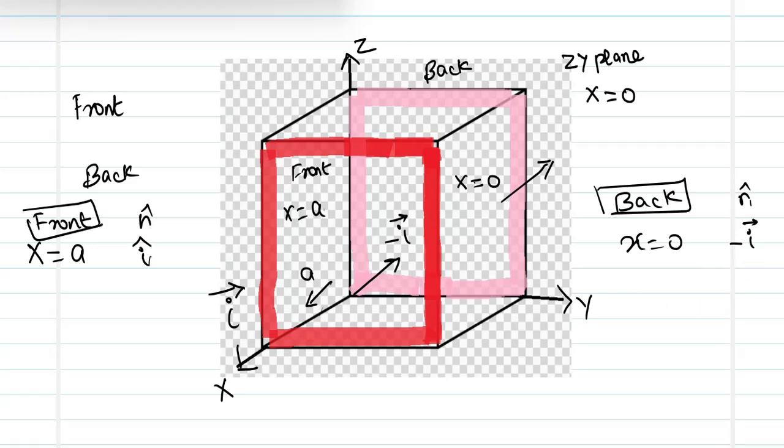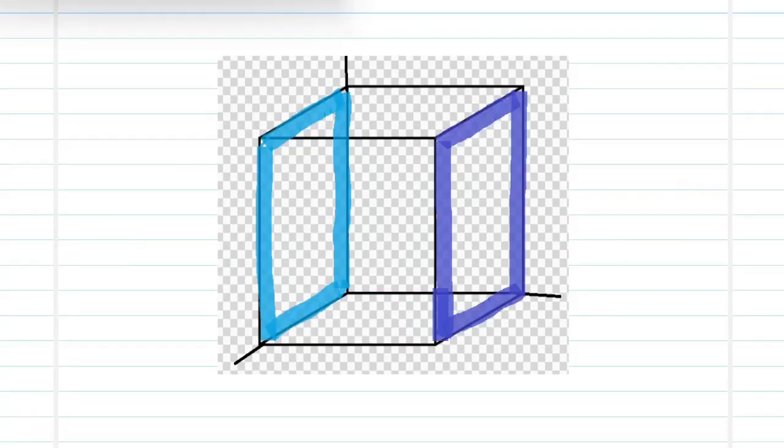Next, let us move on to the next surface. The next surface is one in the orientation of y. In the orientation of y, we call these two faces the left and the right. So what is going to be the equation of the face which is light blue in nature? This is formed by the zx plane. This zx plane is given by the value y equal to 0.